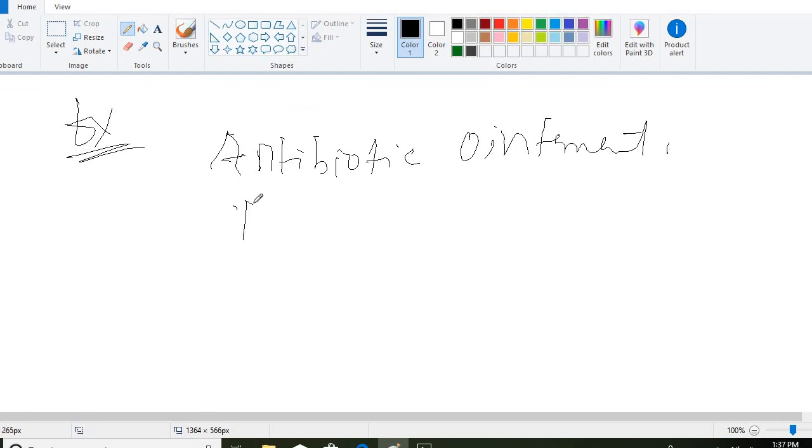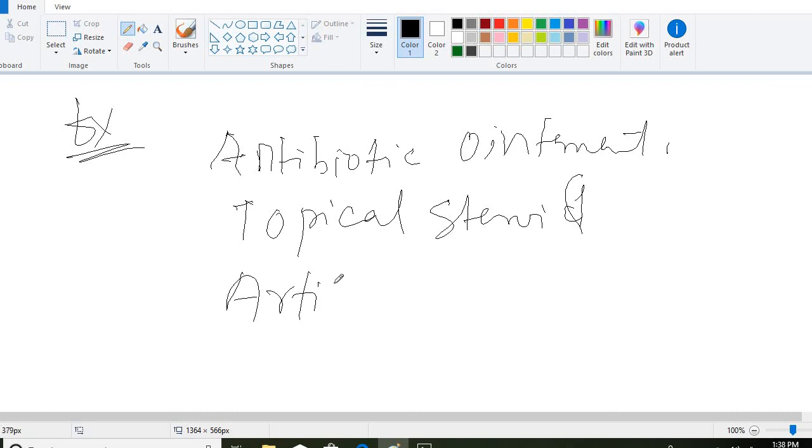Topical steroids are given to the patient. Artificial tears are used in association with tear film instability. So this is the treatment of blepharitis.